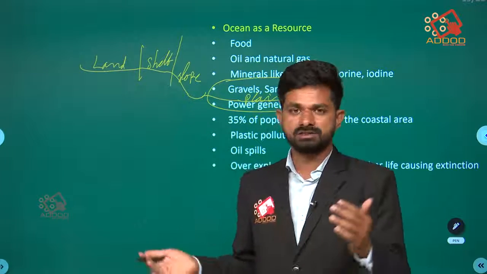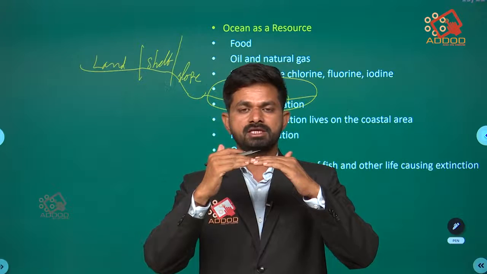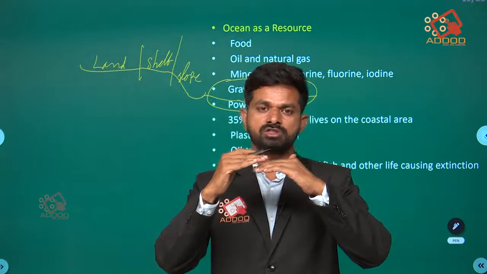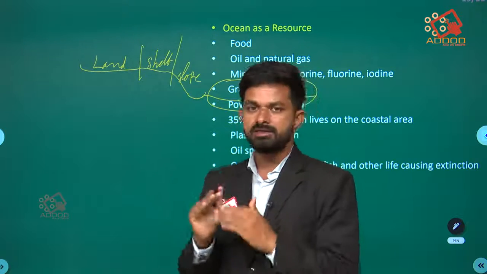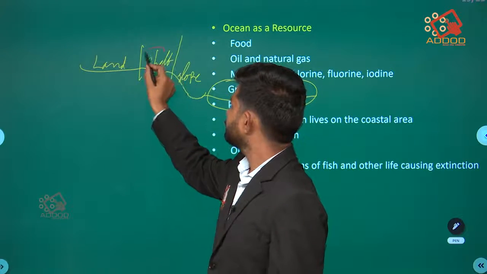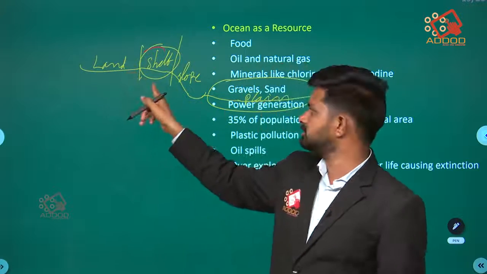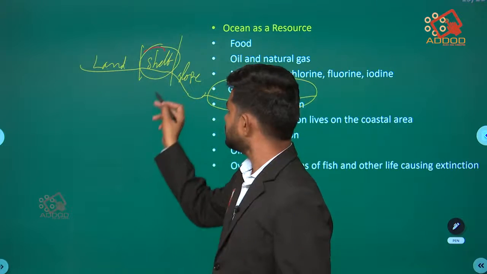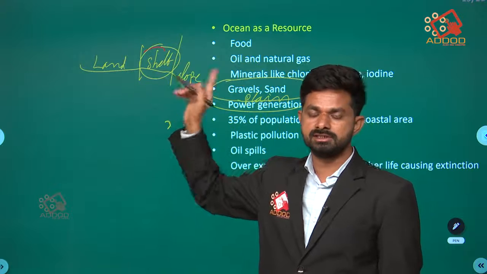As we already discussed, continental plates and oceanic plates are colliding with each other, and the oceanic plate goes below the continental plate. In this region, once upon a time it might have been a forest, and now it has formed the continental shelf, and that is the reason why we have these fossil fuels in this region.